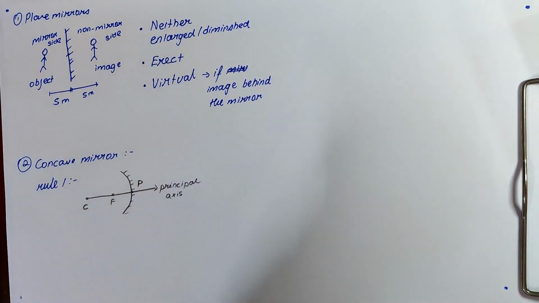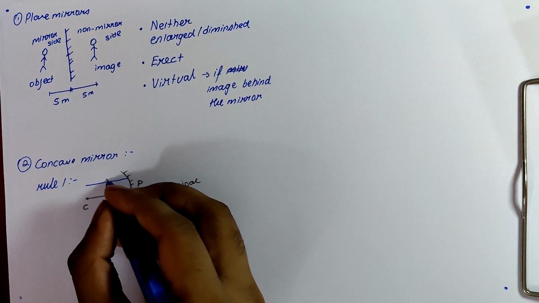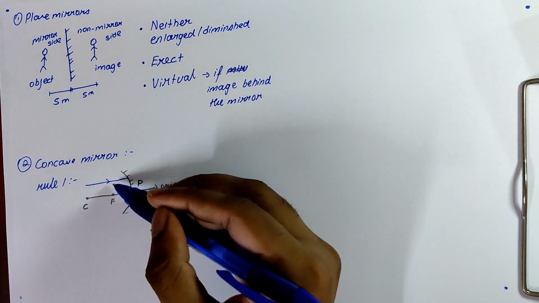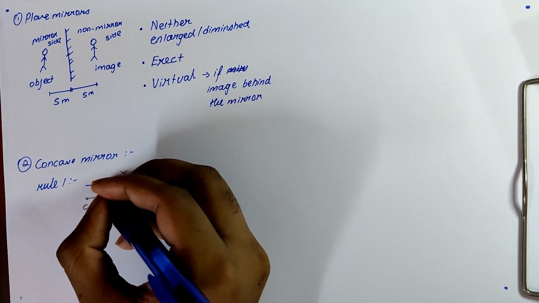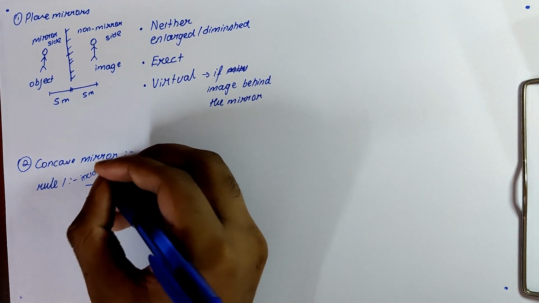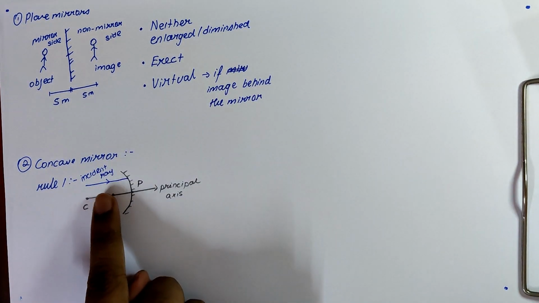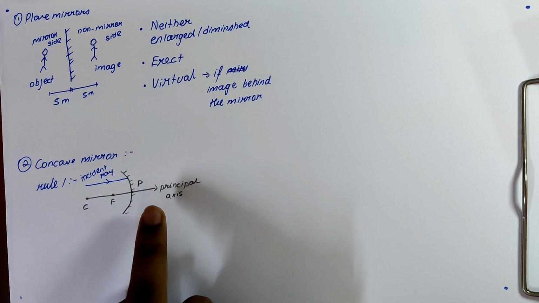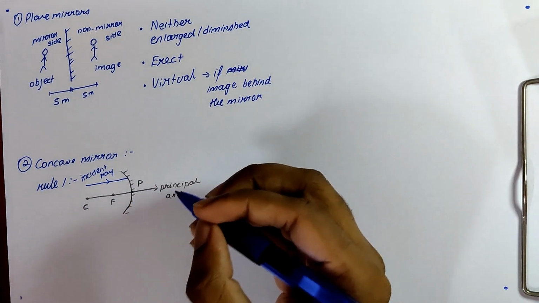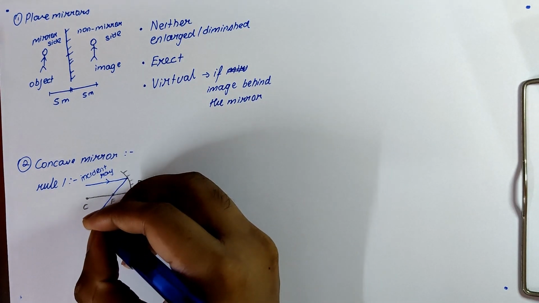If you have a light ray coming parallel to the principal axis, notice the incoming ray. Such a light ray is called the incident ray. If the incoming light ray is parallel to the principal axis, it will always reflect through the focus of the mirror.